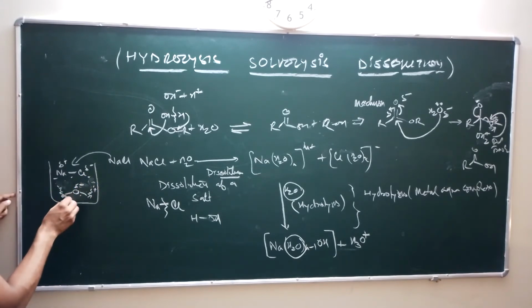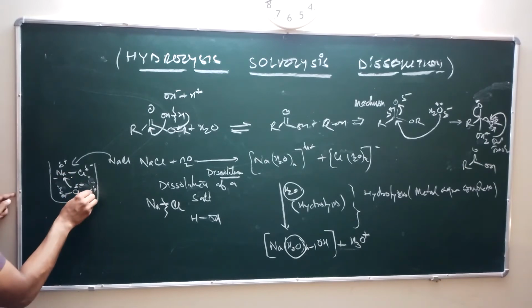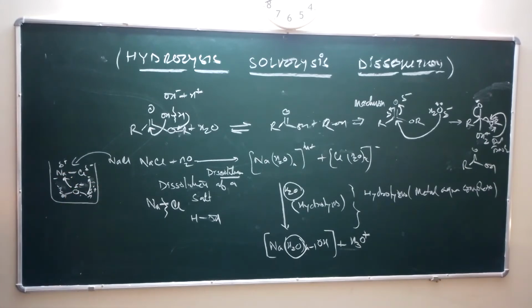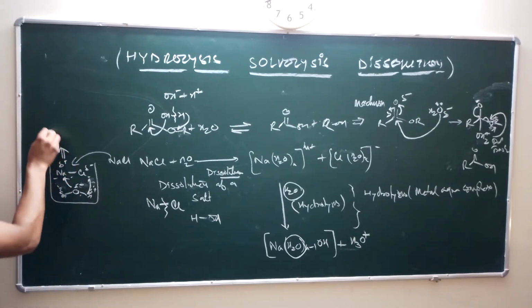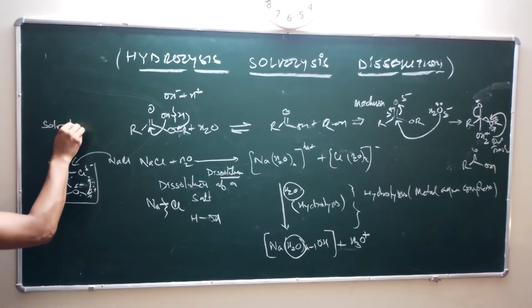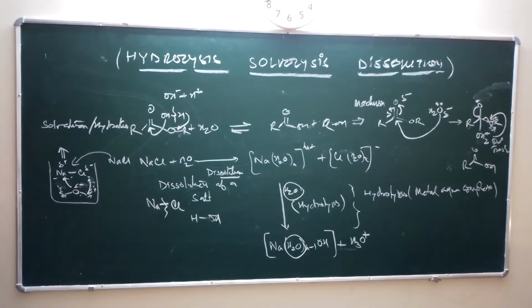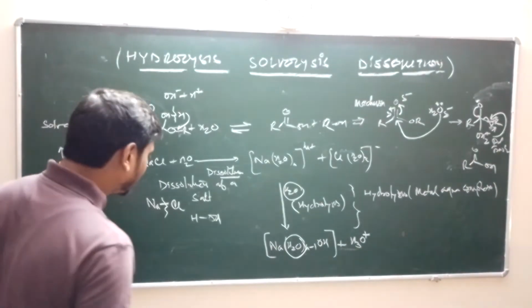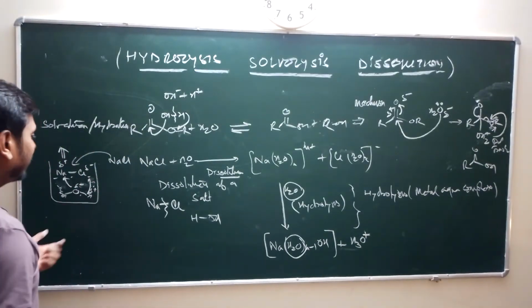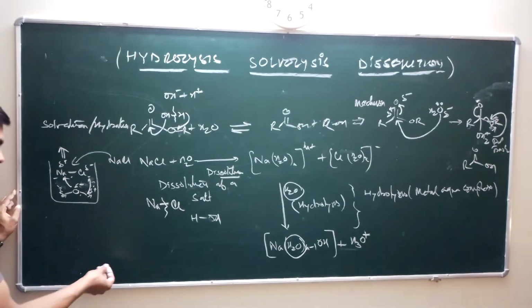This part will interact with this, and this part will interact with this. This process is called solvation or hydration. It means stabilization of the sodium positive ion or chlorine negative ion is being done by the water molecule.